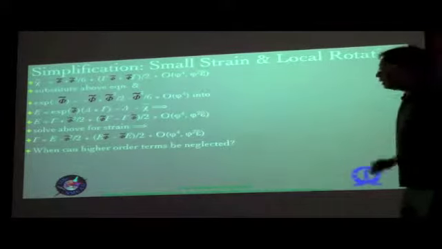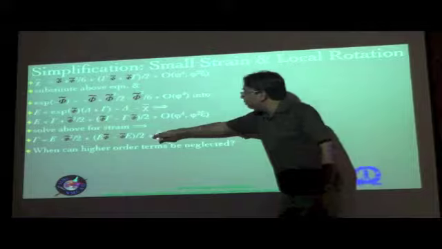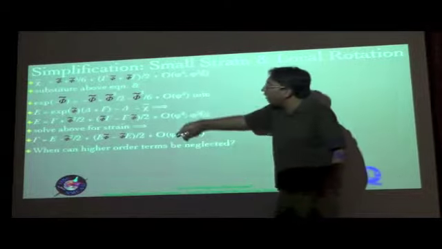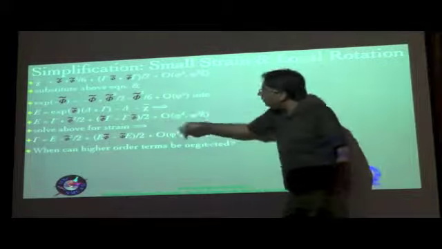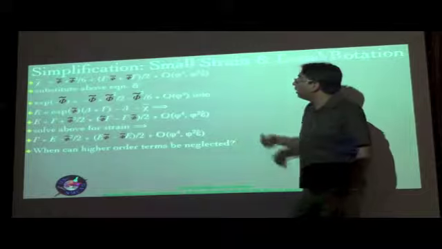So now the question is, when can higher order terms be neglected? For example, these plus order of phi power 4, phi squared epsilon hat that we are writing over here, not only for gamma but also for chi tilde, when can they be neglected?